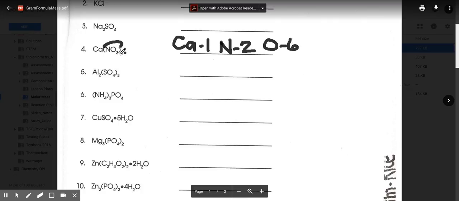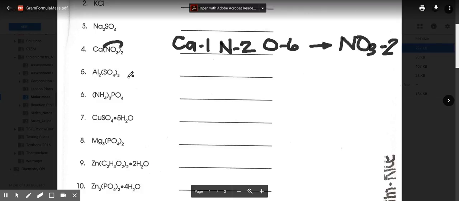However, if we look at this polyatomic ion as a unit, you would also be able to see that there are 2 nitrates, all right? So you should be able to look at this in both ways, remembering that you cannot change the subscript. There are always 3 oxygens on nitrate, but when we distribute inside the parentheses, you have 2 nitrogens and 6 oxygens. Let's look at number 5.